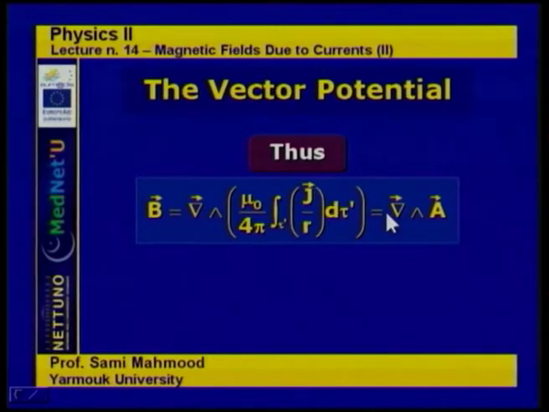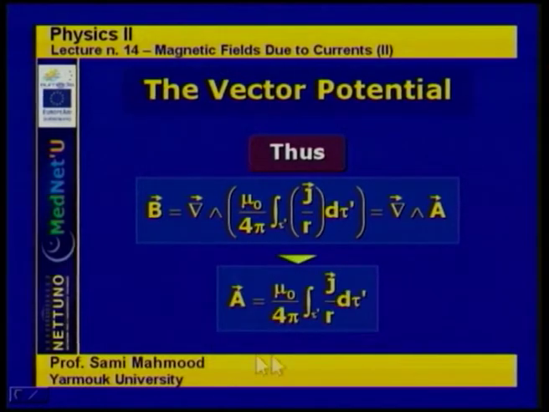And this is simply equal, by the definition of the magnetic induction, to curl A. So curl of this quantity is equal to curl A. That means this quantity in parentheses is simply the vector potential.